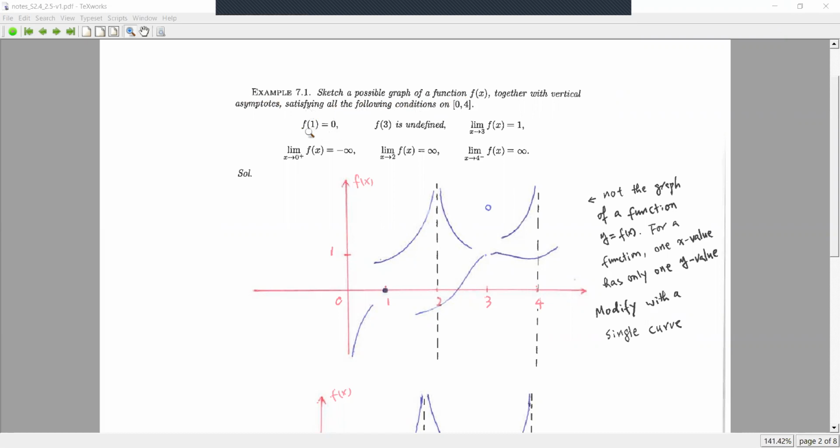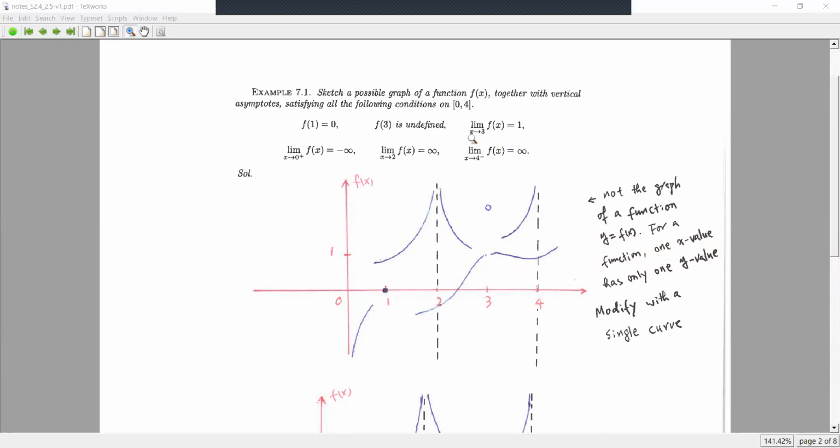Condition 1. Function value at 1 is 0. This point is a solid point. Solid point means part of the graph. Condition 2. Function at 3 is undefined. That means that at the point 3, the graph has an open dot. Open dot means the point is not part of the graph.